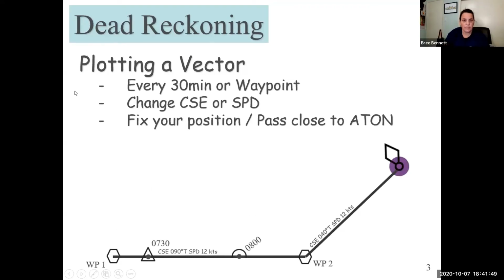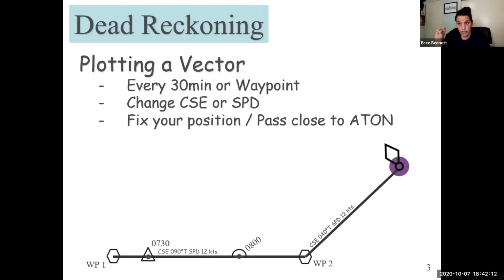Okay, so every 30 minutes or every waypoint is when we want to plot a DR. We also want to plot it if we change one of those three things that we need. So if we fix our position or we pass close to an aid to navigation, if we get a fixed position, we replot our vector.